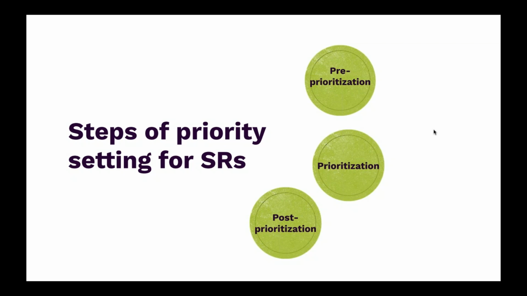So one of the mentioned steps is reviewing existing priorities or problems, and this is a significant step. Searching the literature, this is excellent. Thank you, Hazel. So consulting with key informants, thank you, Philo, this is excellent.